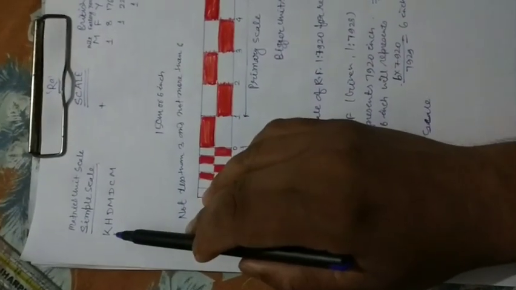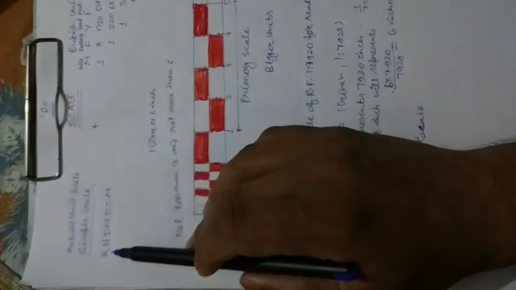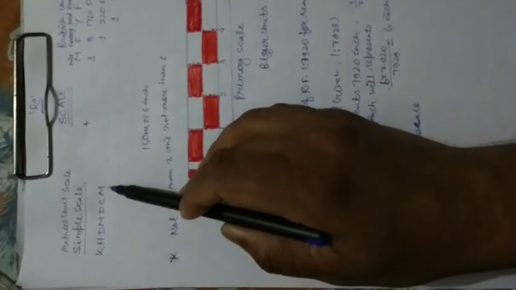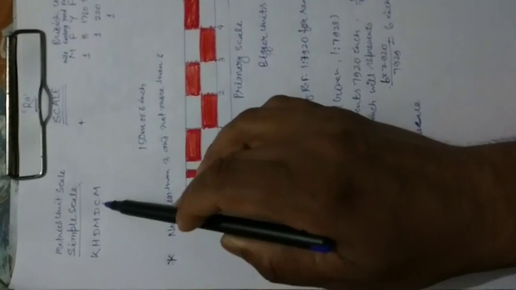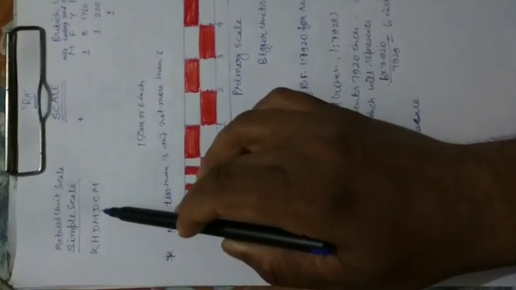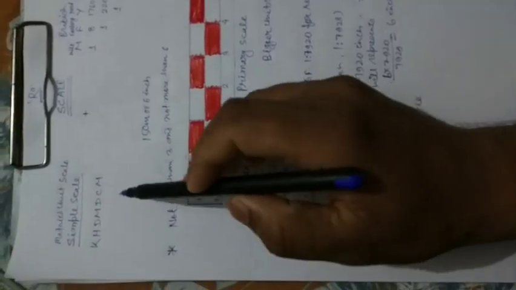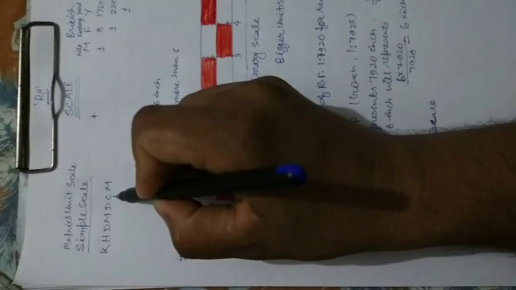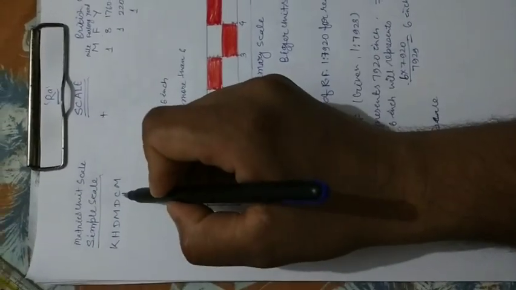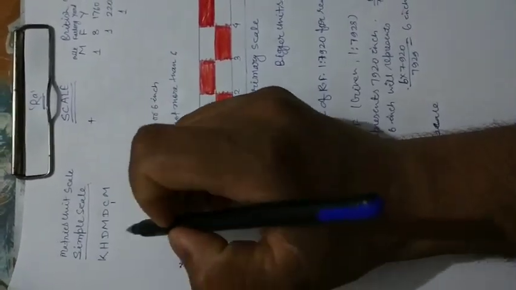Here, for the sake of recall, retain and remember, these are the units: kilo, hecto, deca, meter, deci, centi, milli, like that. If you have 1 centimeter, how can we find how many centimeters are in 1 kilometer?